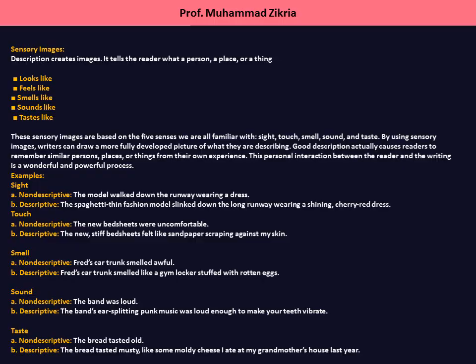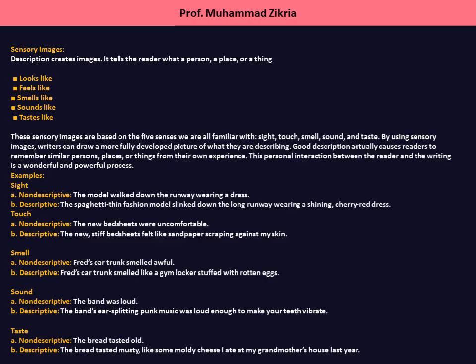The second most important thing in the descriptive paragraph is sensory images. Description creates images. If your description is good, it will definitely create images in the minds of the readers. It tells the reader what a person or place or thing looks like, feels like, smells like, sounds like, tastes like.